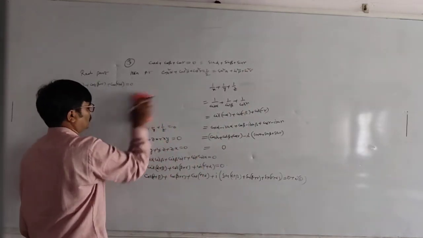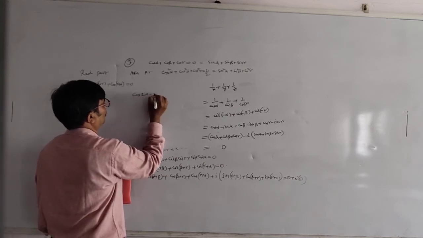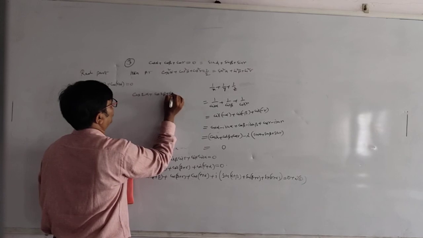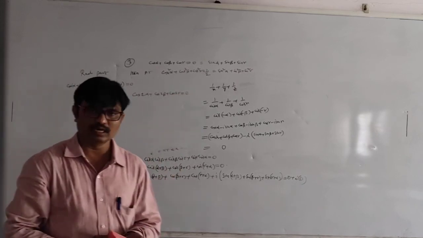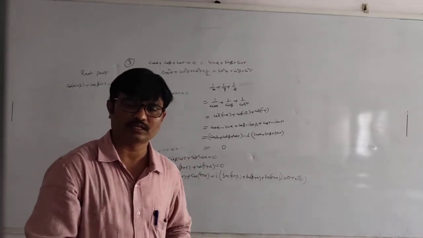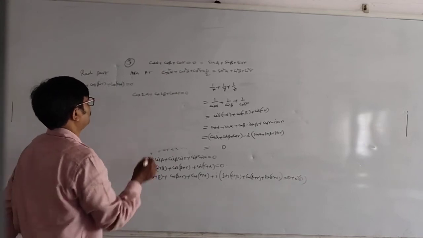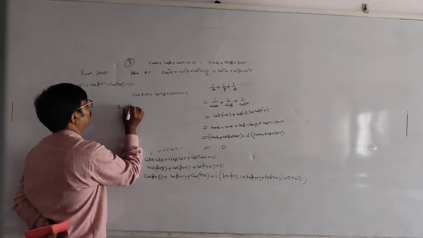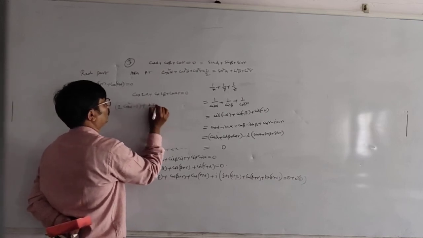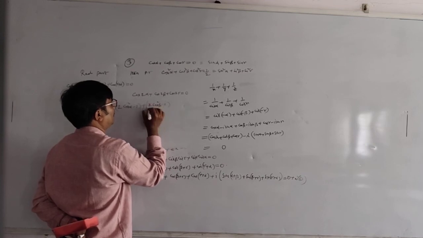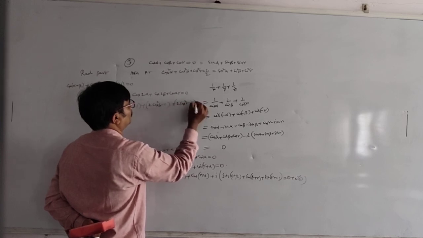So in the first question, we got cos 2 alpha plus cos 2 beta plus cos 2 gamma is 0. Cos 2 alpha we can write as 2 cos square alpha minus 1, 2 cos square beta minus 1, 2 cos square gamma minus 1 will be 0.